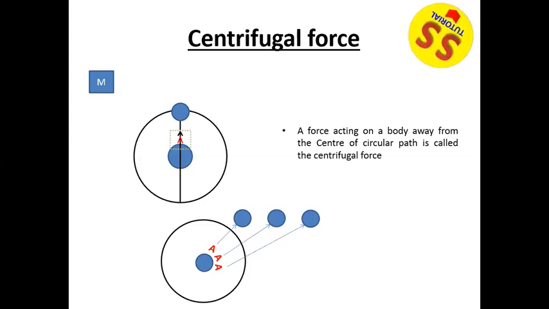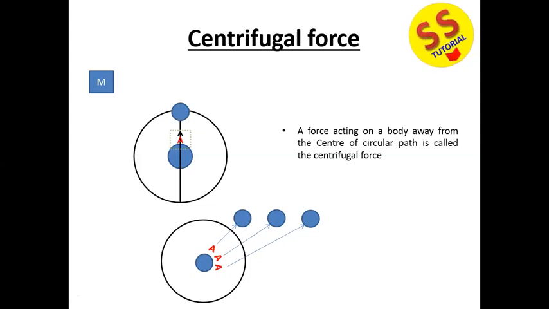I'll explain with a merry-go-round. One person stands outside the merry-go-round at position M, and another person stands inside the merry-go-round at position A.